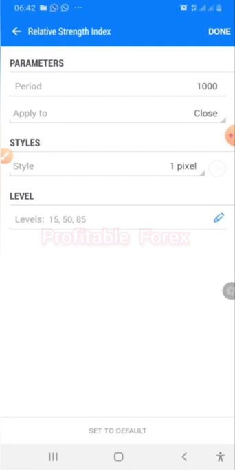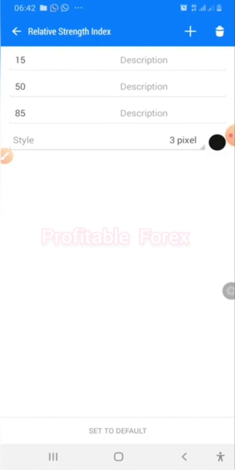We have period 1000, apply to close, 1 pixel, and the color should be your background color. The levels are 15, 50, and 85, the style is 3 pixel, and the color is black. You can use any color, of course. Click on done.